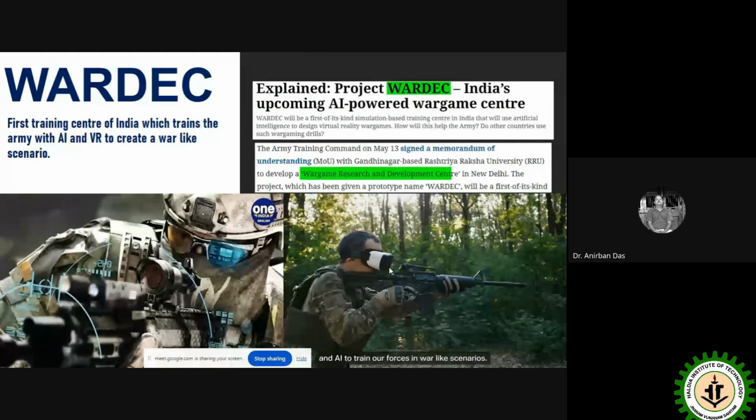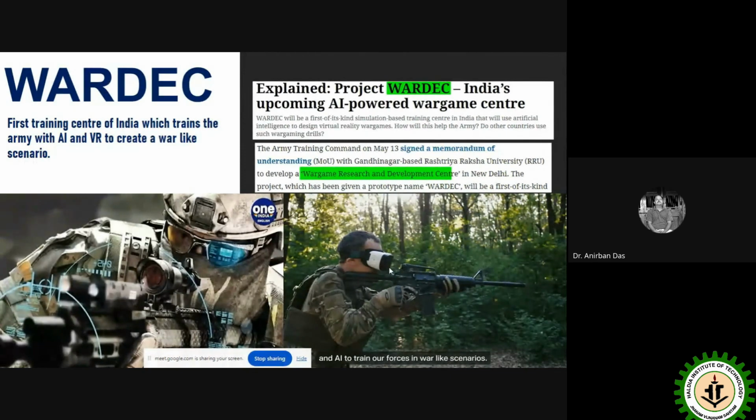The main intention is that using AR VR, the environment of the war will be established, through which our Jawans, our soldiers, can understand or predict what situations may come in the war, how decisions can be made, and whether they can directly attack or go backwards.